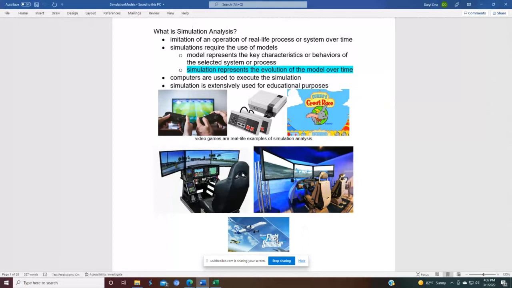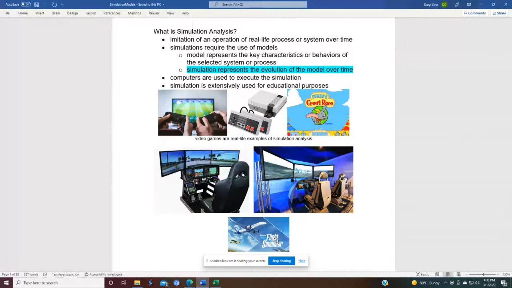So let's ask this question then. What is simulation analysis? It's an imitation of real life processes over time. I should have underlined over time there. So simulation requires the use of models.